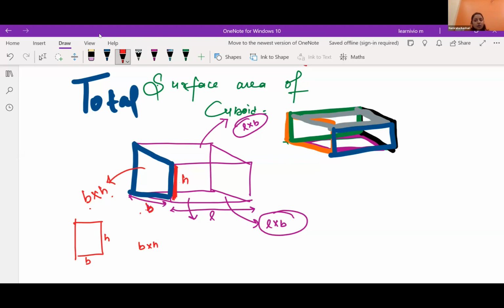It came from the parallelogram family, and here this will also be H, this will also be B. It doesn't matter whether you call it length or breadth, the name doesn't matter. Instead of B and H, if I write A and B, area will be A into B. Instead of A and B, if I write M and N, area will be M into N. Are you getting it?